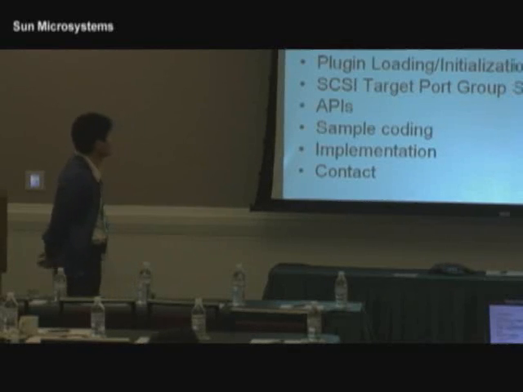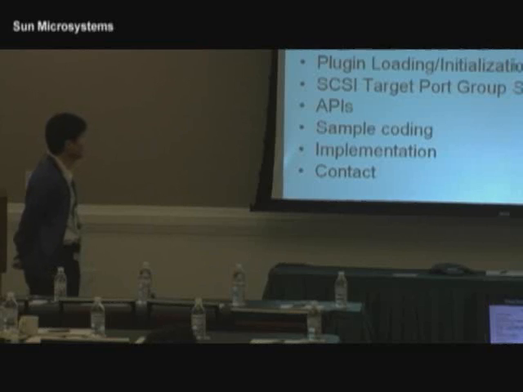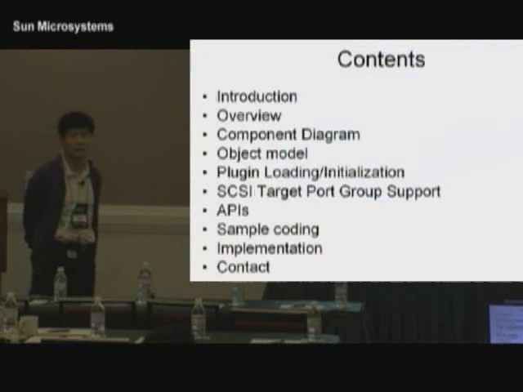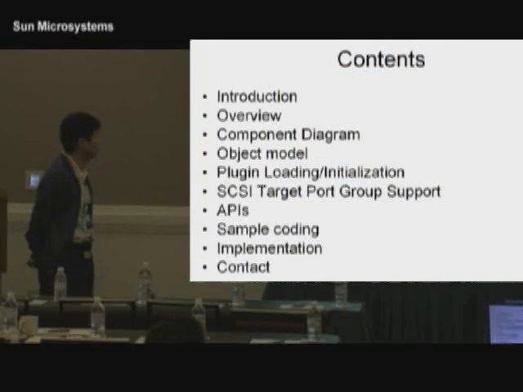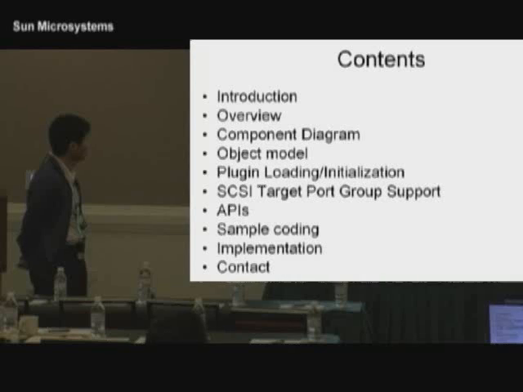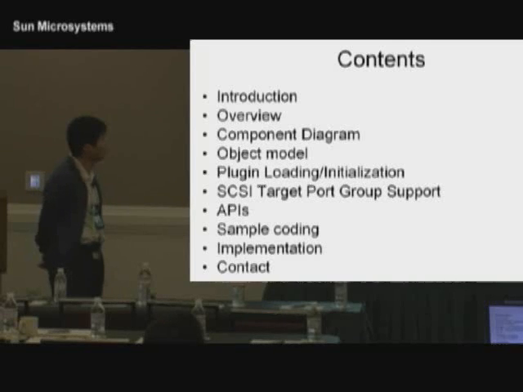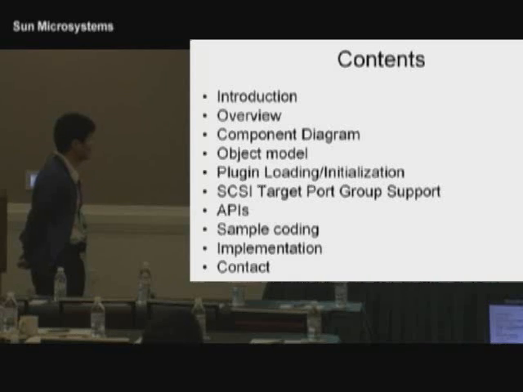Okay, today we'll talk about some general stuff for the MMA, focusing on some architecture stuff, including the component diagram and object model the MMA deployed. We are also going to take a look at some actual implementation for the plugin library loading and initialization.